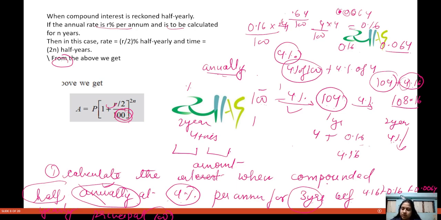This is 4% of this. Now see what we have to add in this: basically 4.16 plus 0.16, that means 4.32, and this 0.0064 we can ignore. Obviously if you want you can add it, so that will be 4.3264. So just add 4.3264 here, so that will become equal to what?